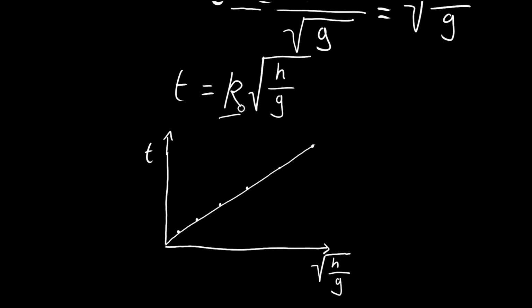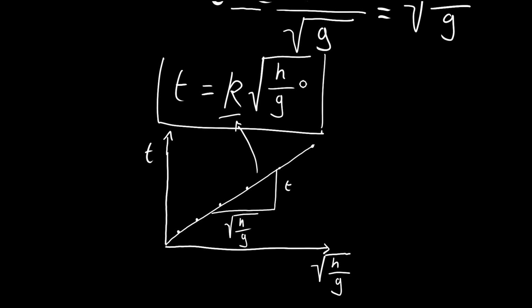Now our constant is the gradient, the change in t with the difference in the height. And it's this gradient that will determine our value of our constant of proportionality. Now let's quickly transpose this equation to make height the subject of the formula. Now we will get into this when we study kinematics.